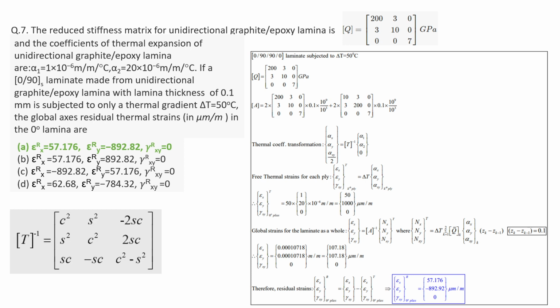So there will be 0, then 90, again 90 and 0. So there are 4 laminas, right? Of the 4 laminas, 2 are 0 degree and 2 are 90 degree. So I combined the two 90 degrees together by multiplying by 2, and again for the two 0 degrees, multiplied by 2 to combine them. Okay, fine, ma'am.